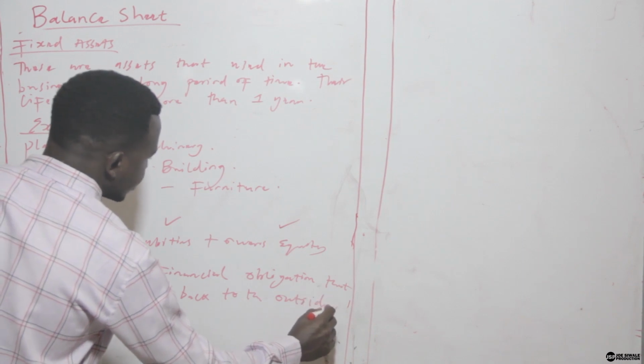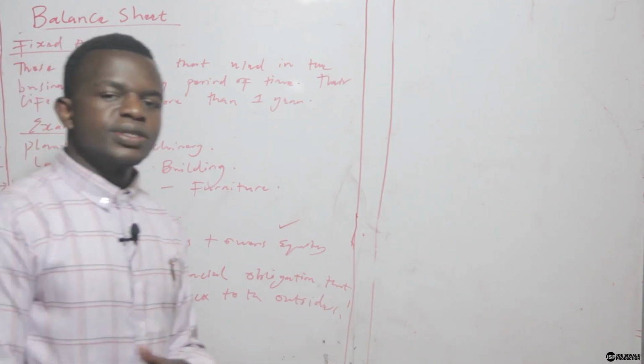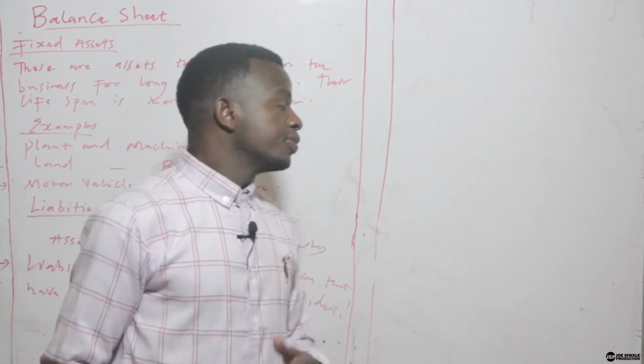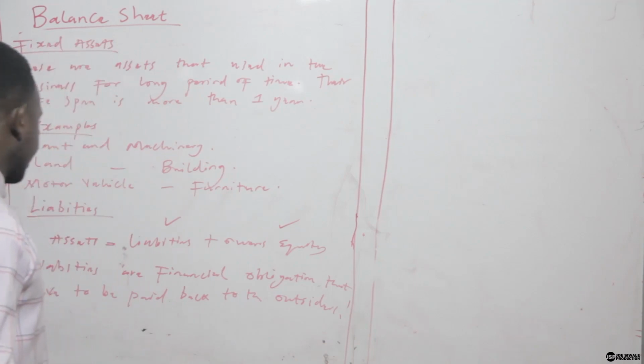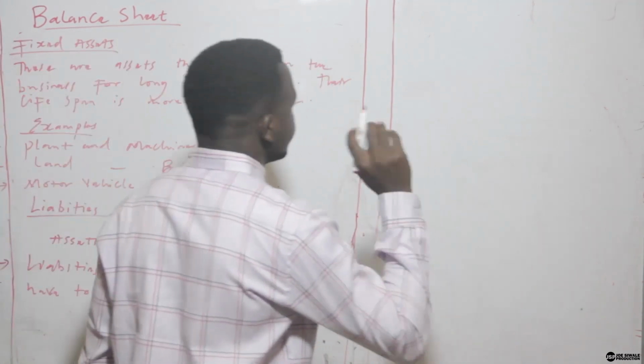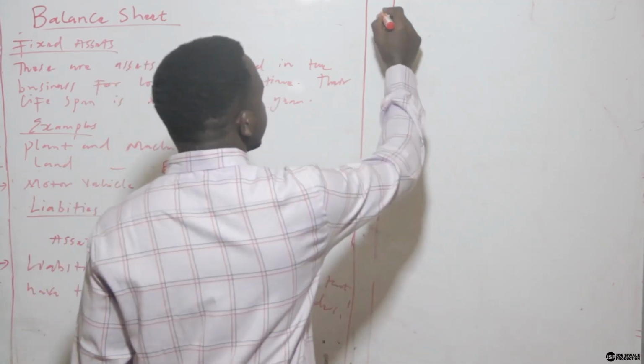And the outsiders, in this case, are not business owners. They're not involved in the business that you do. And I've said that the liabilities can be grouped into current liabilities and long-term liabilities.